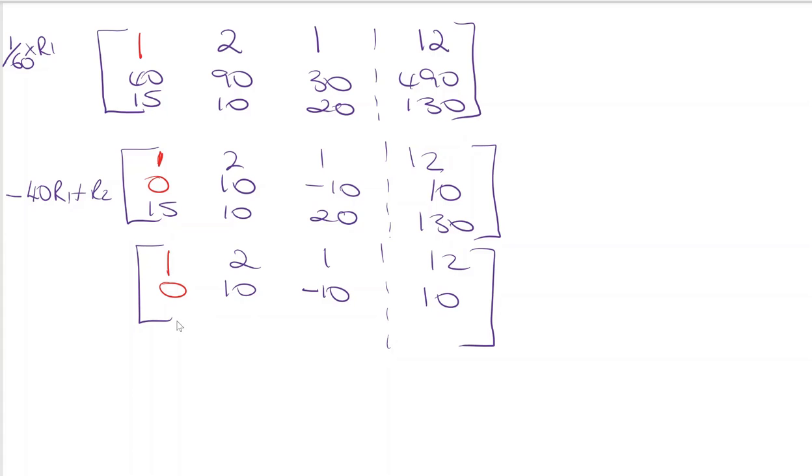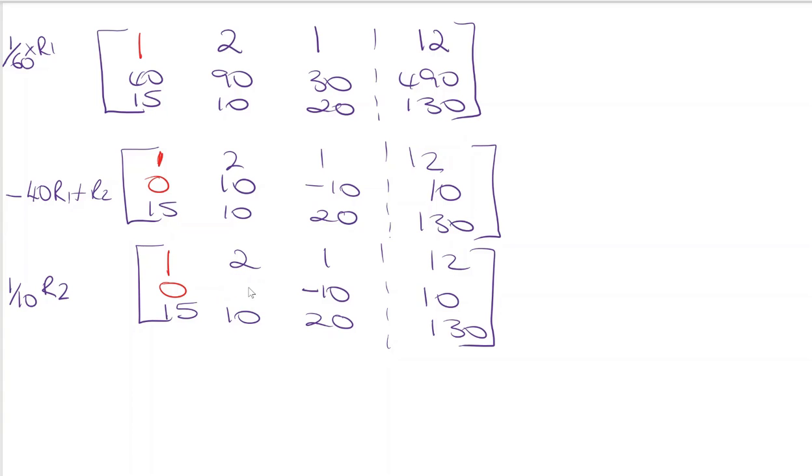And our last column, we have 15, 10, 20, and 130. Right, actually I'm going to look at changing this 10 here. I want to change this 10 to a 1. So what can we do to change this 10 to a 1? If we divide by 10, or multiply row 2 by a 10th, we can then change these values. So 0 divided by a 10 is 0.